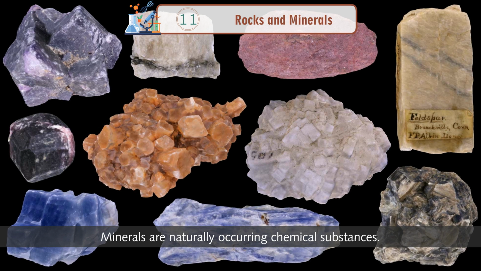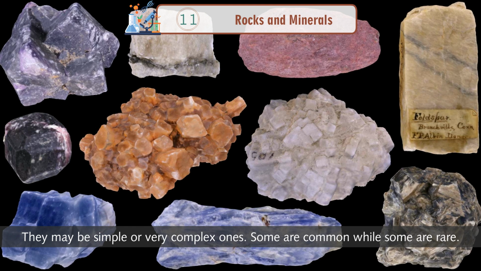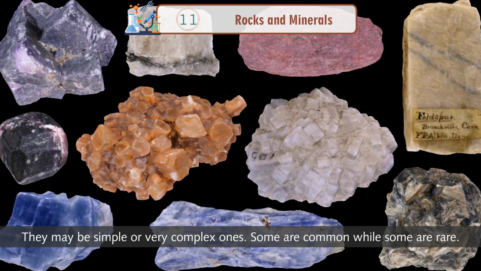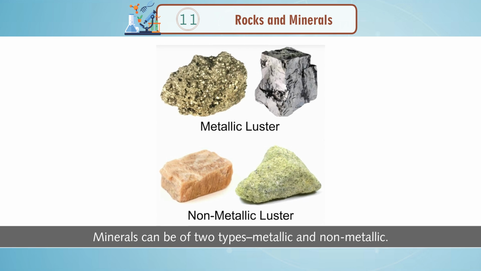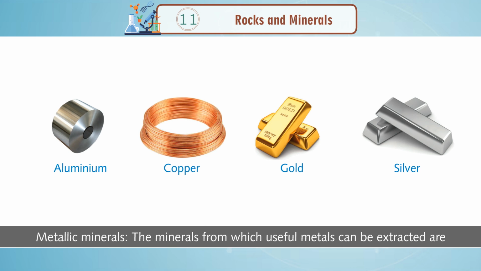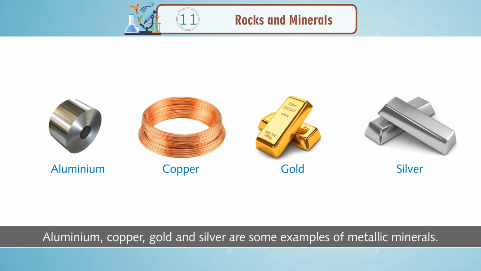Minerals. Minerals are naturally occurring chemical substances. They may be simple or very complex ones. Some are common while some are rare. Minerals can be of two types, metallic and non-metallic. Metallic minerals. The minerals from which useful metals can be extracted are called metallic minerals.